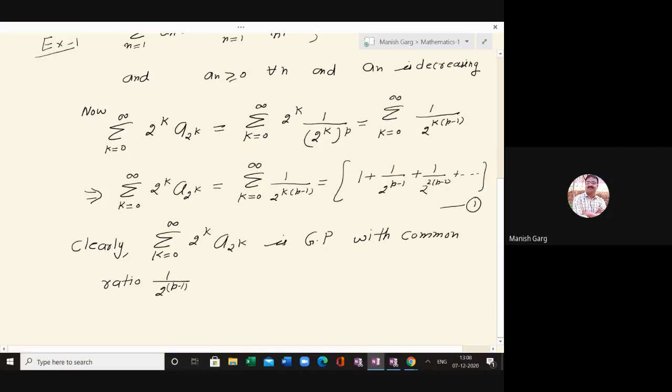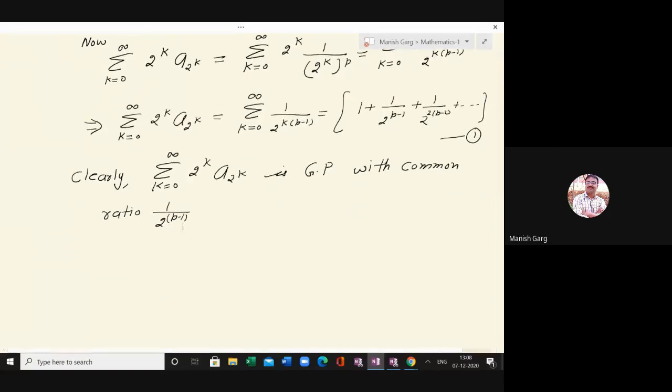I have proved that if you have a GP with common ratio, suppose this is r, then the series of r^n converges if r is less than 1, and diverges if r is greater than or equal to 1.